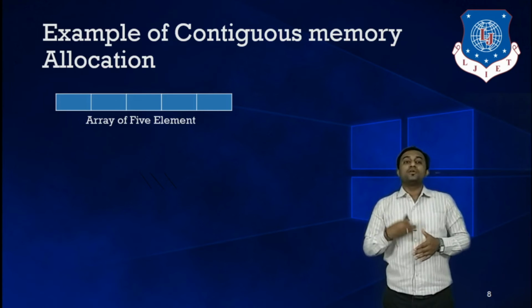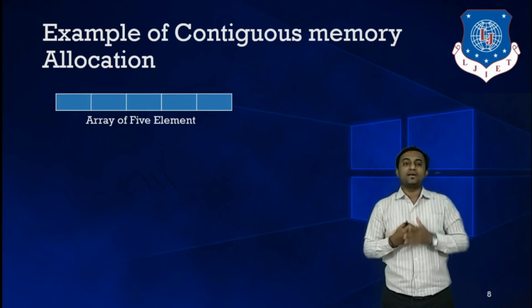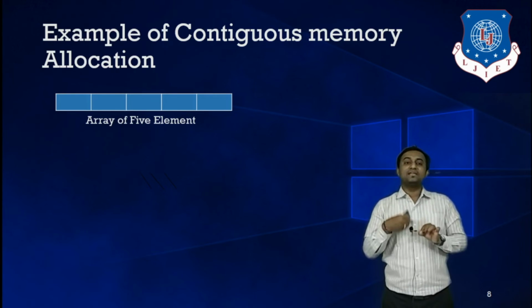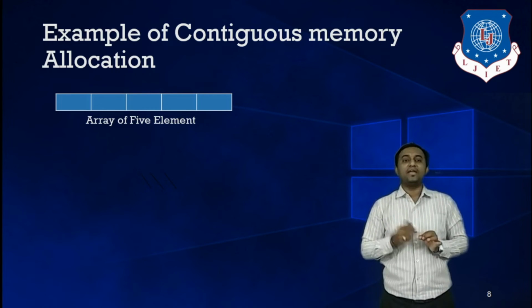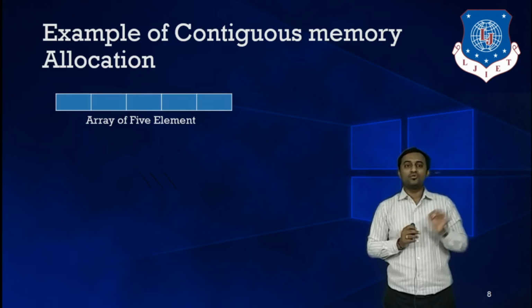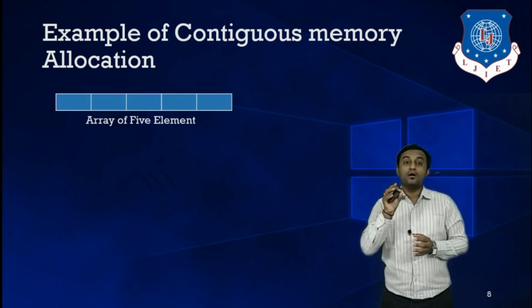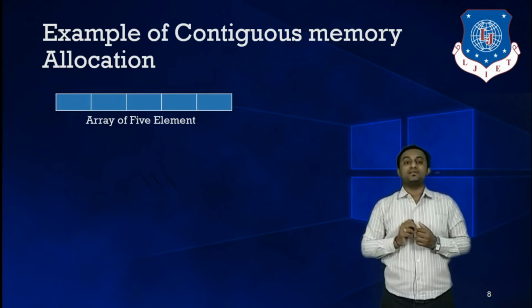If we have the base address of an array and we know the size of the array, then if we want to access any element, we can easily and efficiently fetch it. Based on the index value, we can access that element very fast.